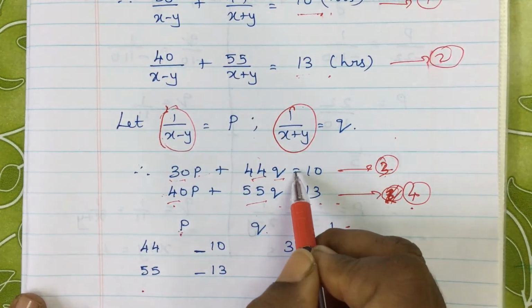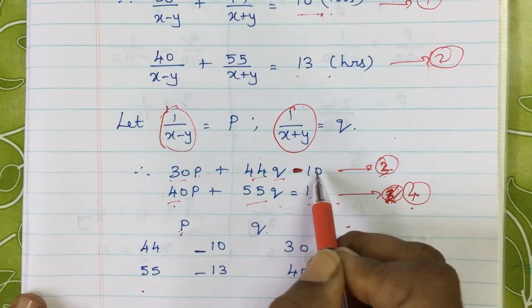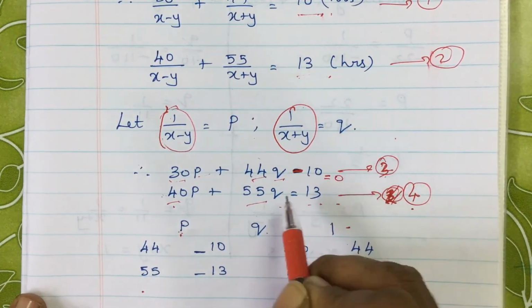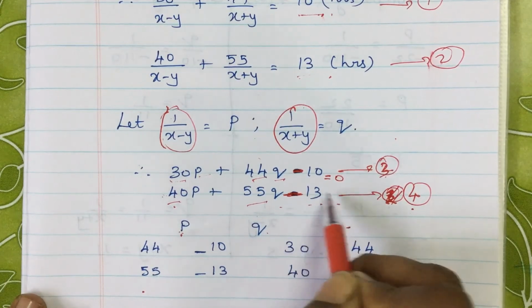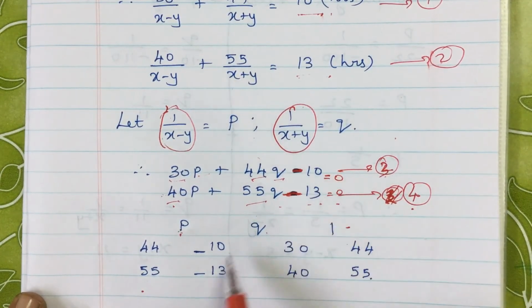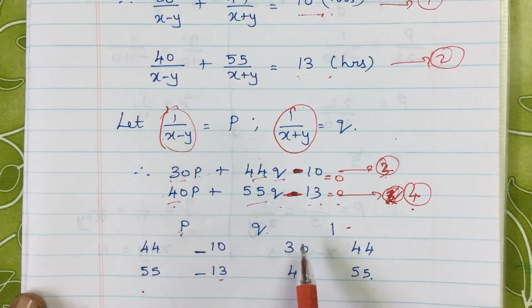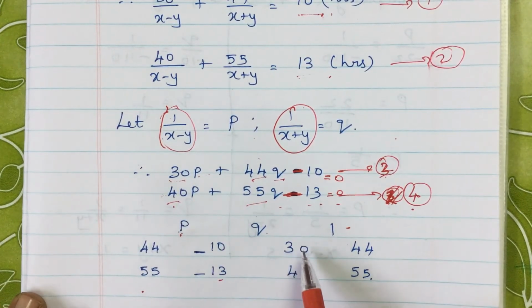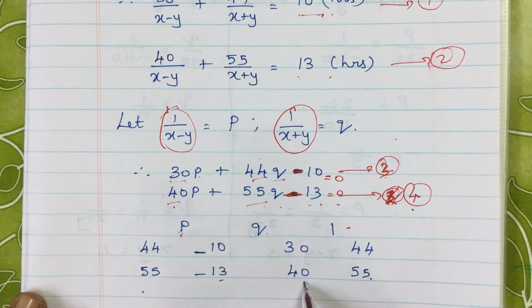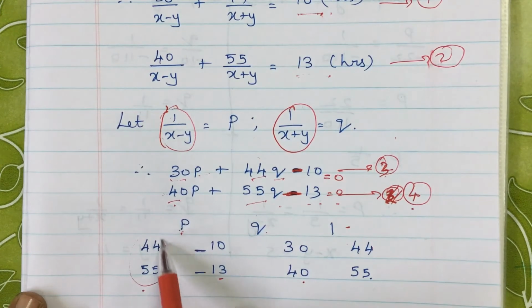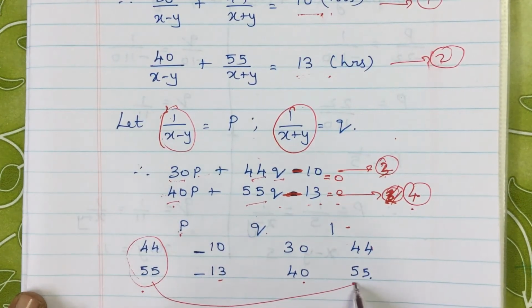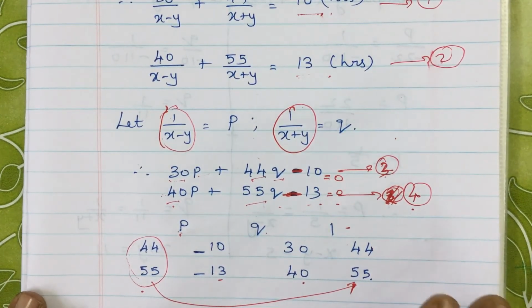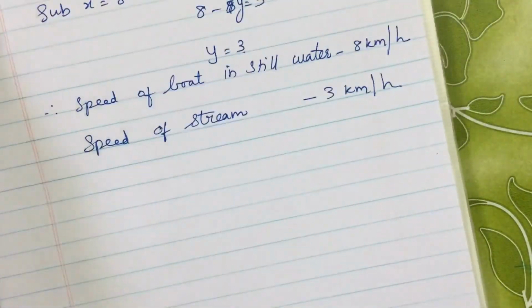And then one more thing, while rewriting, this will come to the left side and here it will become 0. Similarly, here also it is minus 13, here it will become 0. So this is minus 10, minus 13. And coming to the coefficients of p, it is 30 and 40. And then you have to repeat the same numbers here, that is 44 and 55.